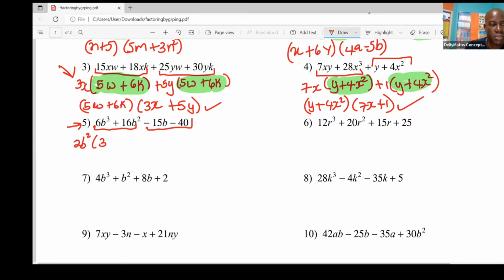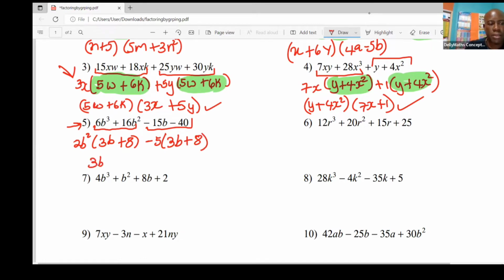This is going to give us 3b. 2b squared into 16b squared is going to give us positive 8. Negative 5. Negative 5 into negative 15b will give us 3b. Negative 5 into negative 40 will give us positive 8.